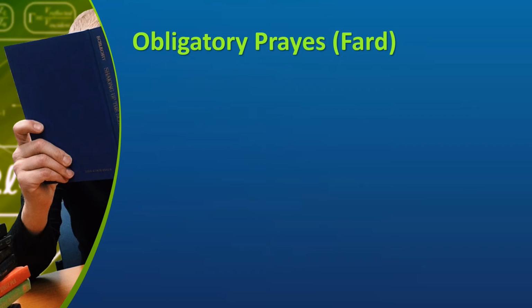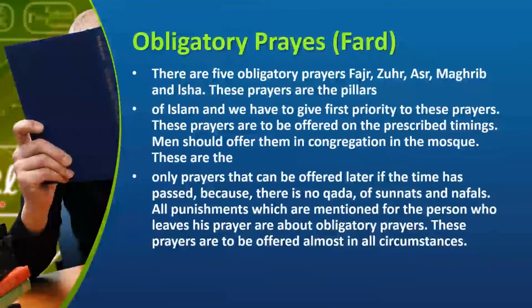So we have here the very first type of Salat, which is the obligatory prayer known as Fard prayer, which is prayed 5 times a day: Fajr, Zohar, Asr, Maghrib and Isha.